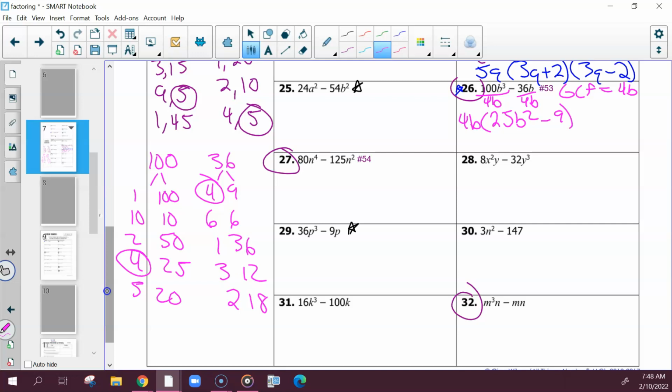Can we do anything else with this? See the difference of squares again. We have 25, which is a perfect square, b squared, which is a perfect square, and 9. So our new factors would be what? 5.